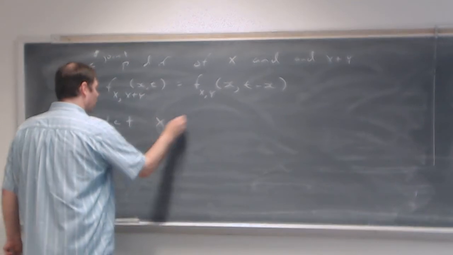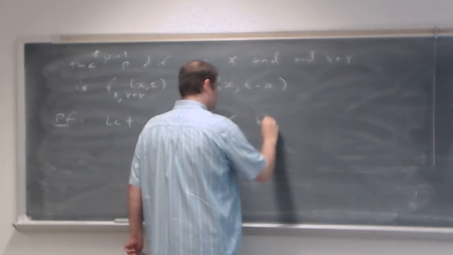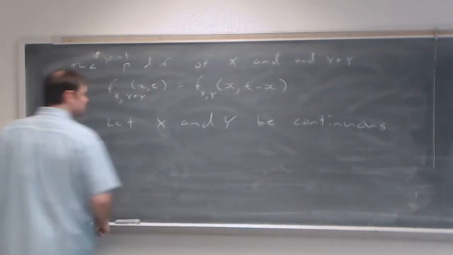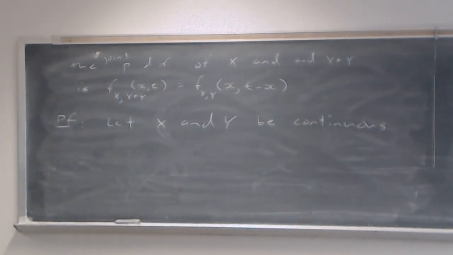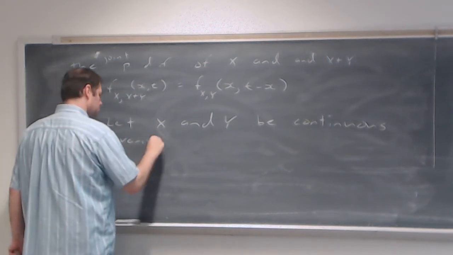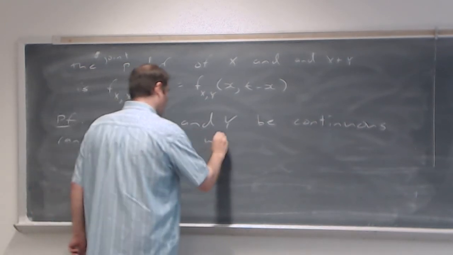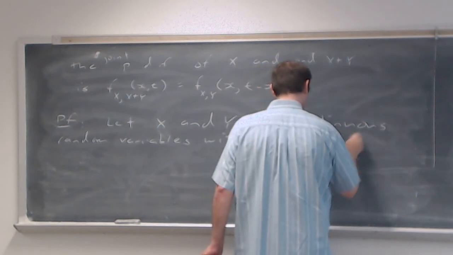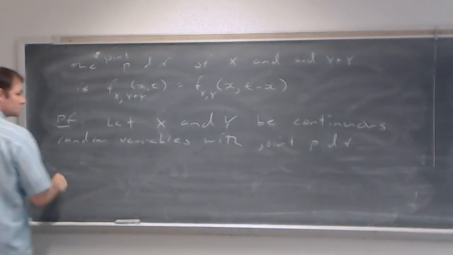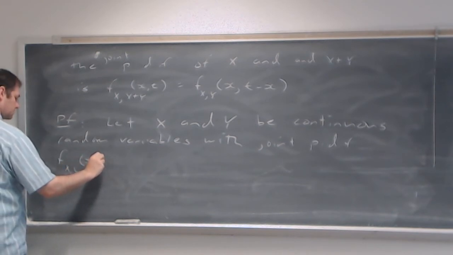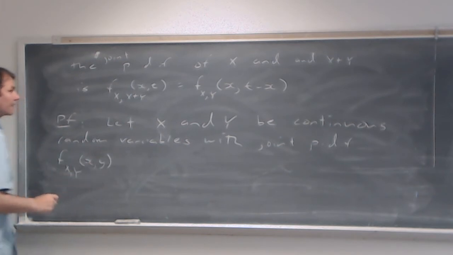So we let x and y be continuous random variables with joint PDF f of x comma y.